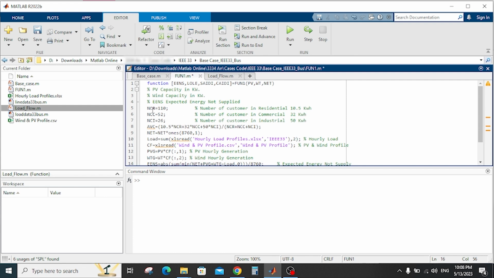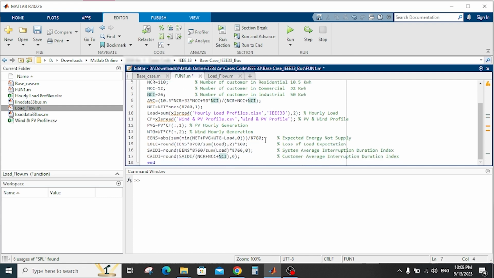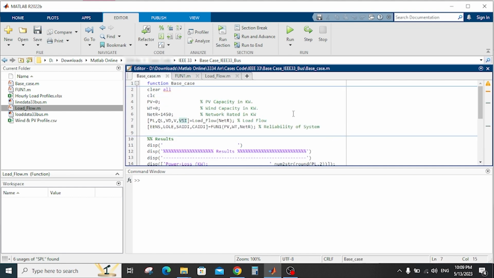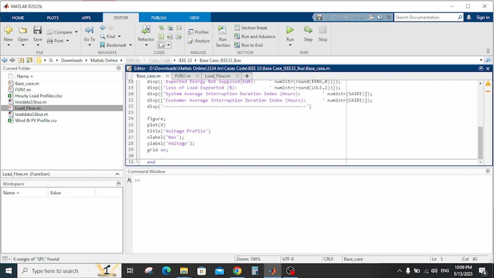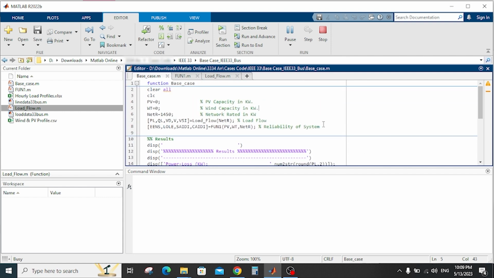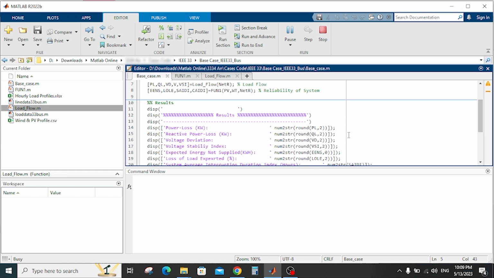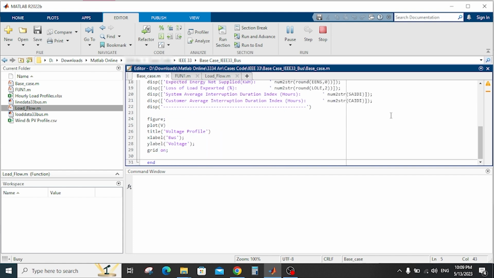As you see here, we have the number of customers for each type of load, and the output will go to the base case to be printed here. We will run it from here. After we run it, the program will execute the reliability function, and after that we print the result.